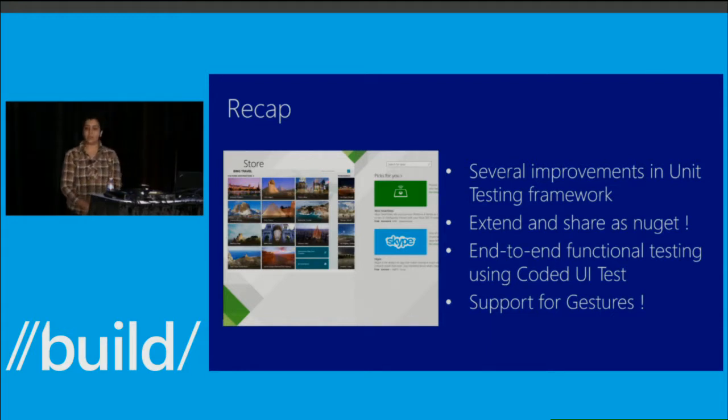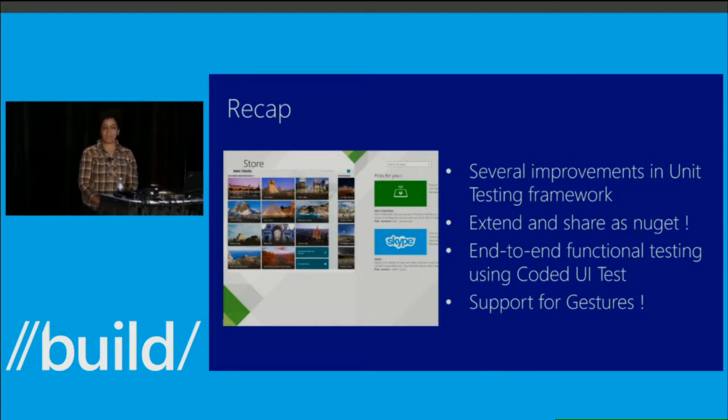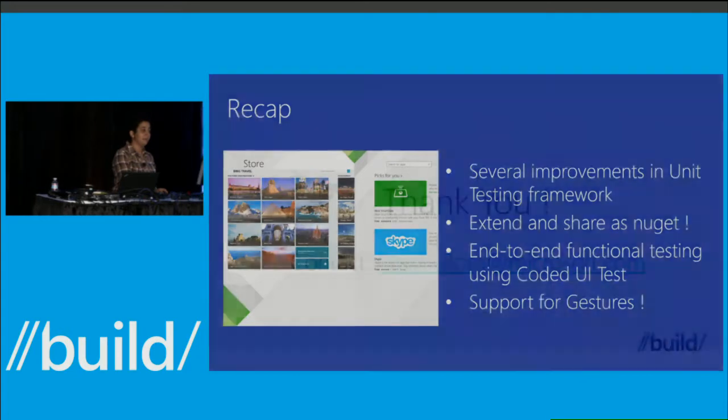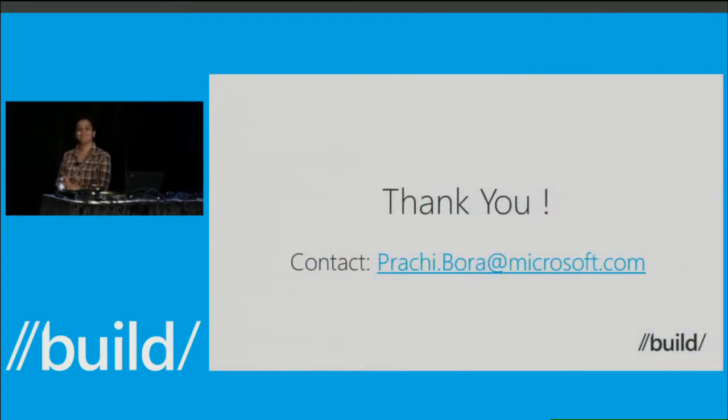One thing that I forgot to mention is that, similar to the unit testing framework, the coded UI testing framework is also extensible. So if you have custom controls from any of the vendors, or you are developing your own custom control, coded UI test does support extension plugins so that you can do rich validations on these custom controls as well. And we are done. Ready for questions.